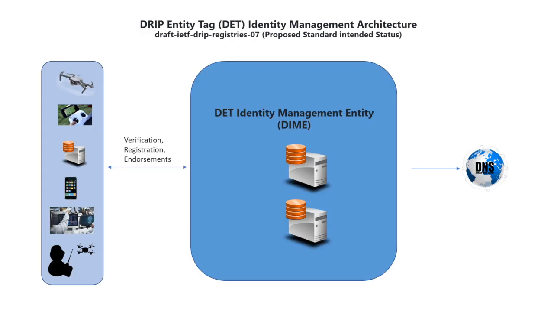The next proposed standard is DRIP entity tag identity management architecture. This document describes the high-level architecture for the registration and discovery of DRIP entity tags using DNS. Registries are fundamental to unmanned aircraft system remote ID.